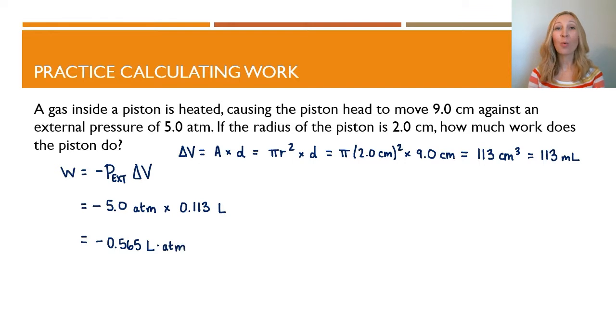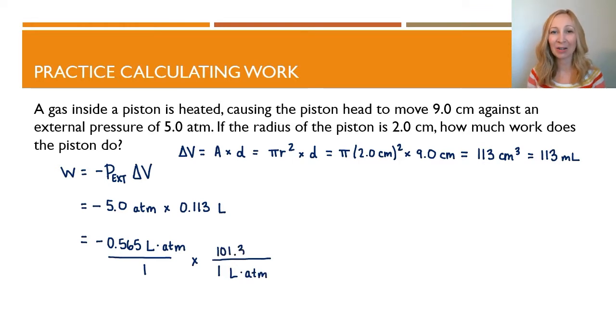Now remember, 1 liter atmosphere is equal to 101.3 joules. So we're going to do a little dimensional analysis. We're going to cancel out liter atmospheres and turn it into joules, because we want to calculate work in joules, not liter atmospheres. So 1 liter atmosphere is equal to 101.3 joules.